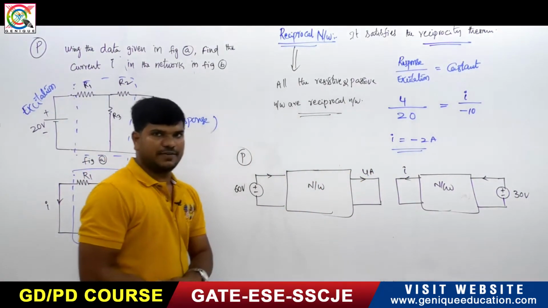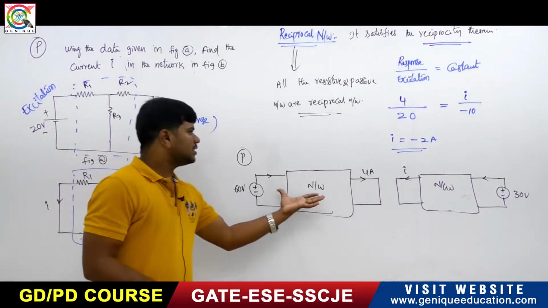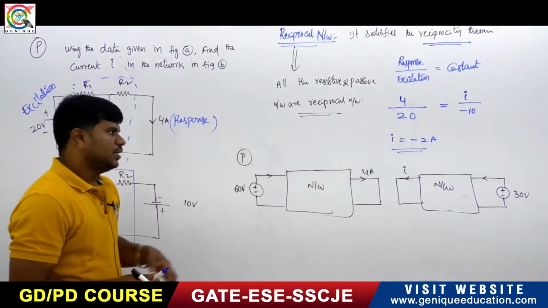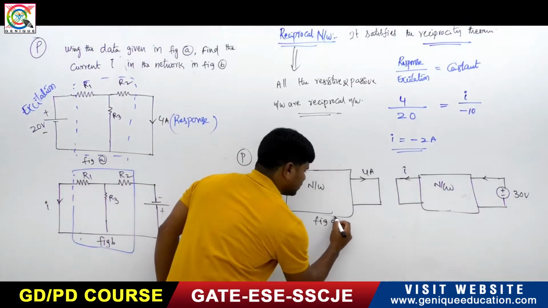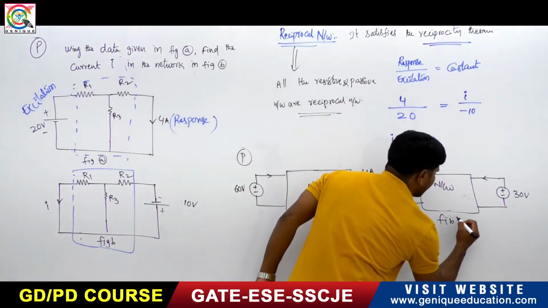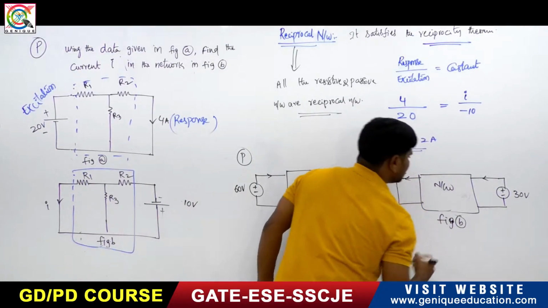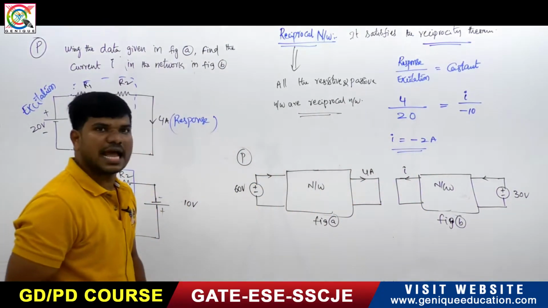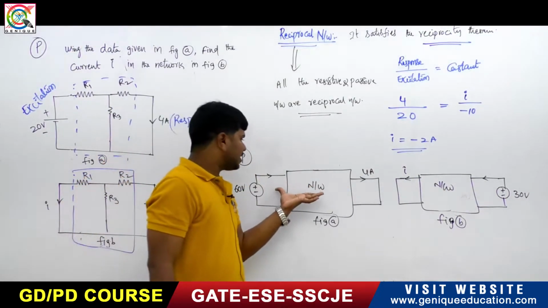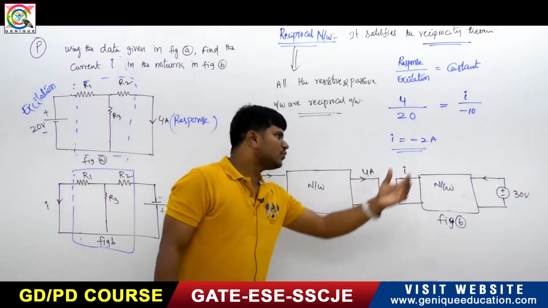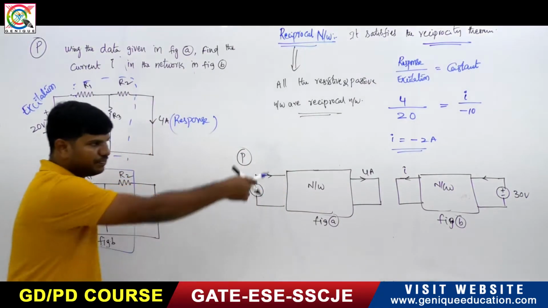So this is the network given. Let us suppose this is the network given like this. Okay. So he has given figure A and figure B. He has asked to find the current I in figure B, by using the data in the given network.